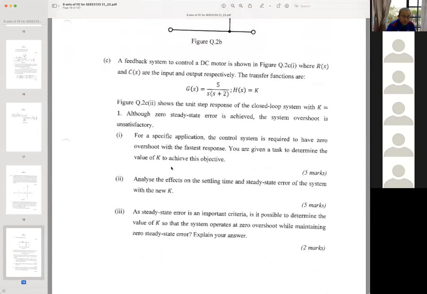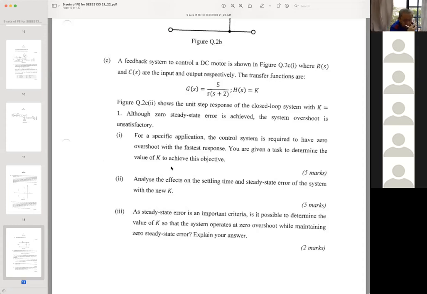C. A feedback system to control a DC motor is shown in figure Q.2C1, where R(s) and C(s) are the input and output respectively. The transfer functions are G(s) equal to 5 over s(s plus 2), H(s) is equal to K. Figure Q.2C2 shows the unit step response of the closed loop system with K equal to 1. Although zero steady-state error is achieved, the system overshoot is unsatisfactory.